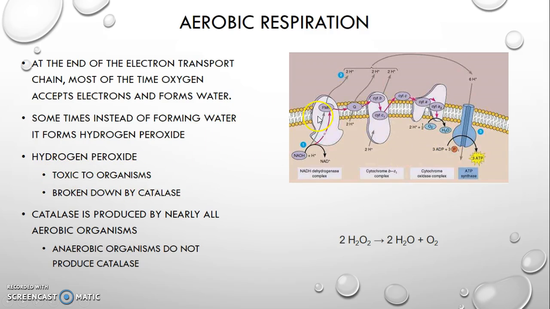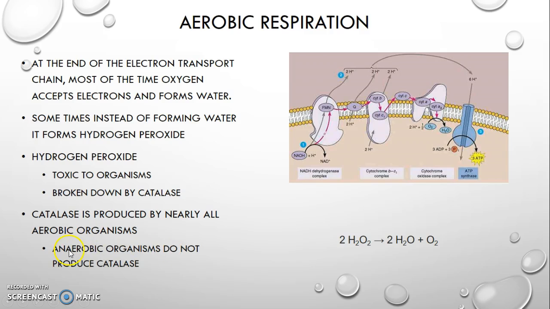However, organisms do have a protective mechanism by producing the enzyme catalase. So catalase takes hydrogen peroxide, which enters the active site, lowers the activation energy, and produces H2O and O2. So it produces water and oxygen. Neither one of these is toxic to organisms, so it can detoxify this H2O2. And nearly everything that goes through aerobic respiration produces catalase.